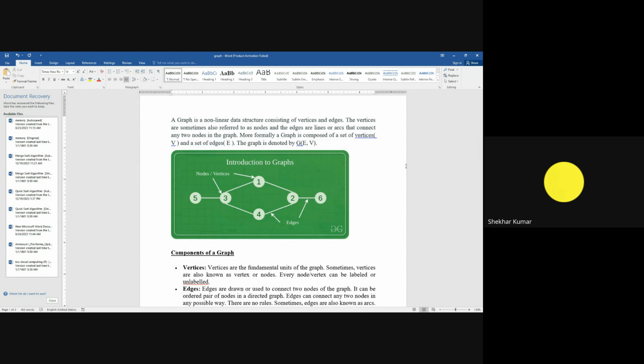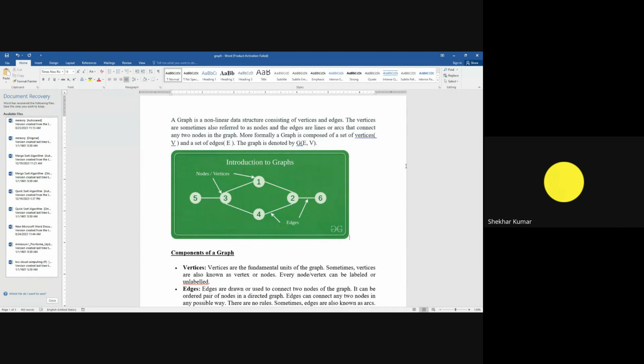It is very important to understand the different algorithms of greedy techniques or graphs. So, what is a graph? A graph is a non-linear data structure. A data structure is how the data is organized in the memory, in the storage, so that we can access it in a more efficient way.